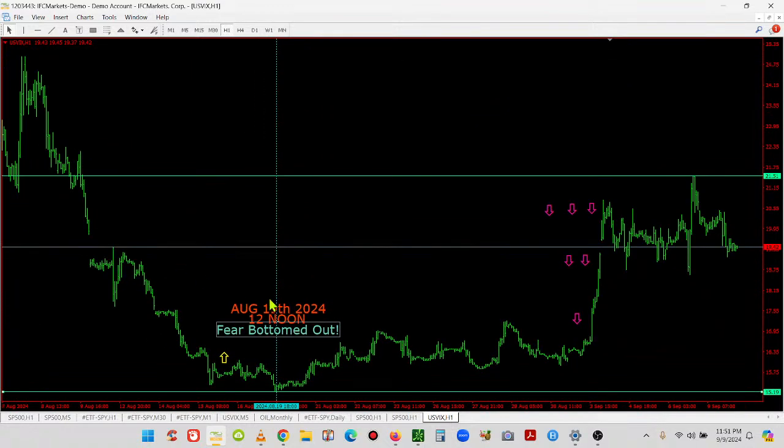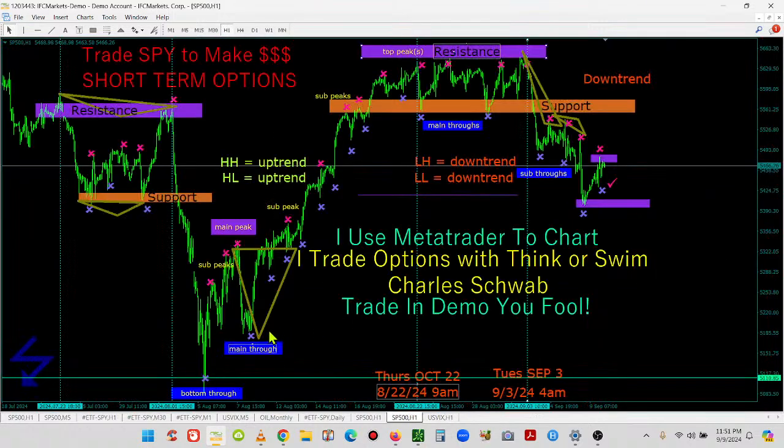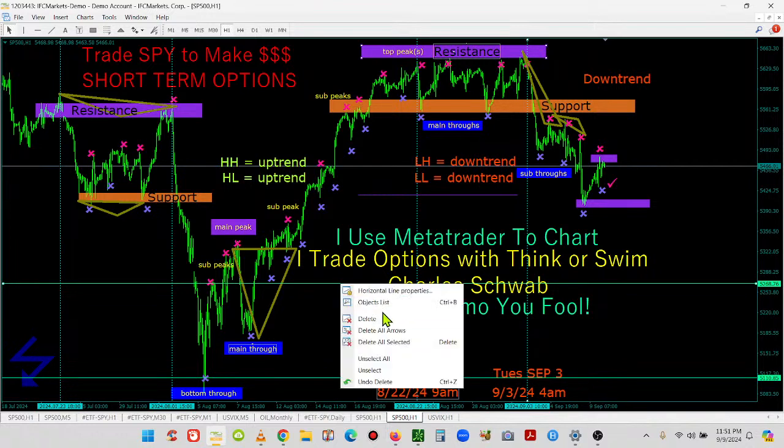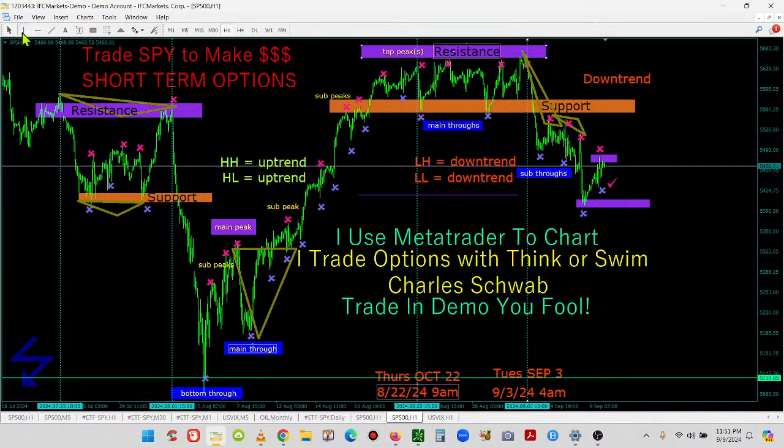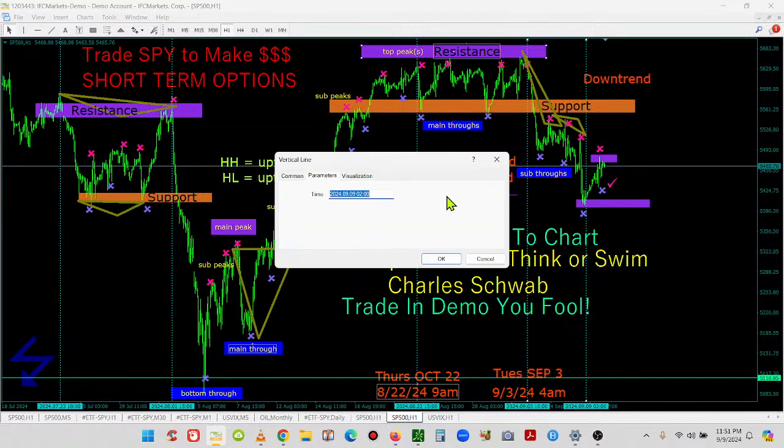So if you go back on the chart to 8/19, what are you going to notice? The market is going up, right? The market is going up. Now over here at 9/9, let's copy that time.